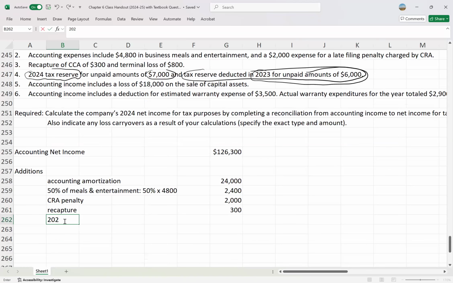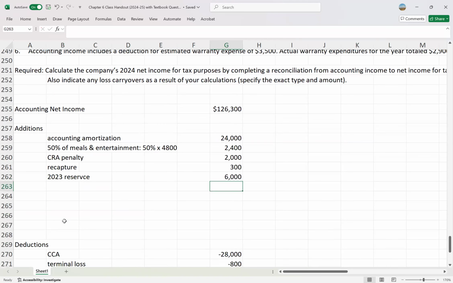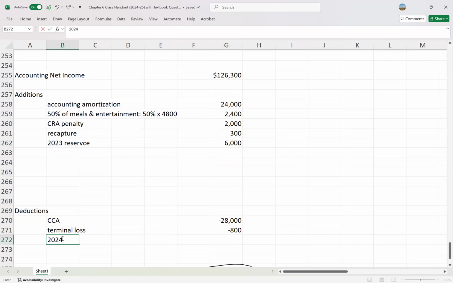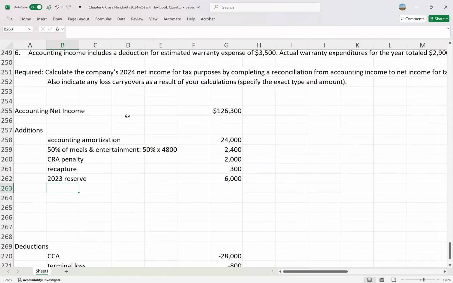And then we determined that we were still entitled to a new reserve in 2024, and that amount was 7,000. So it's tying in what we learned: any reserve that you deduct one year has to be added back in the following year. And then in that following year, you determine, can you take another reserve? And in this case, we did, for 7,000.